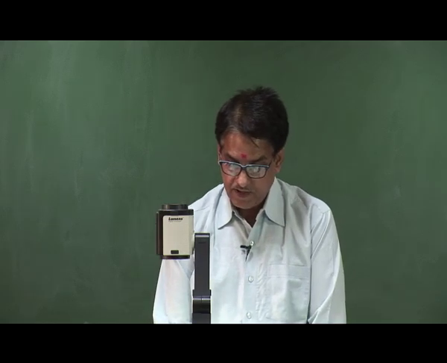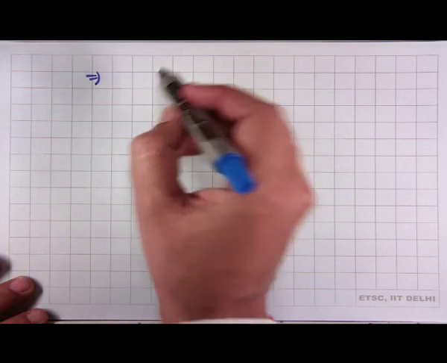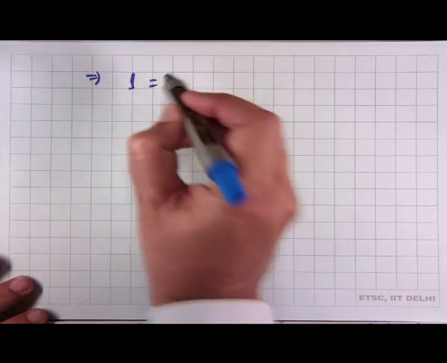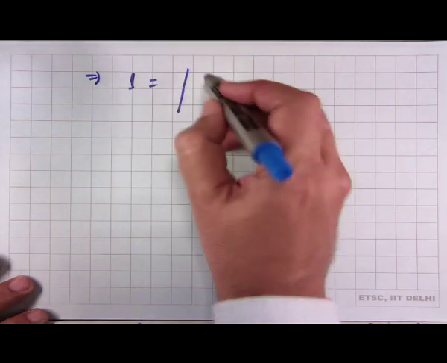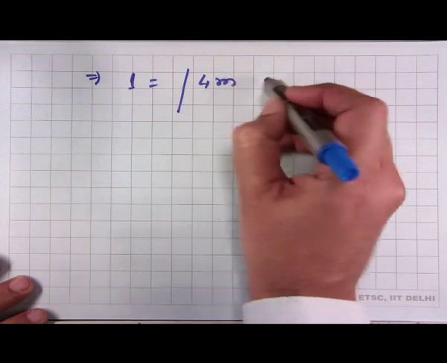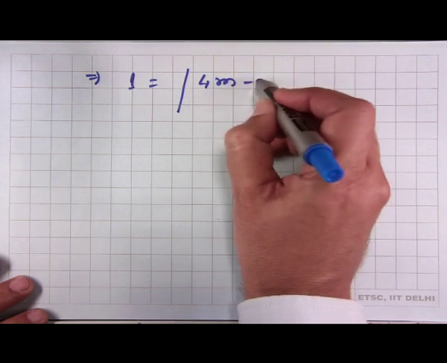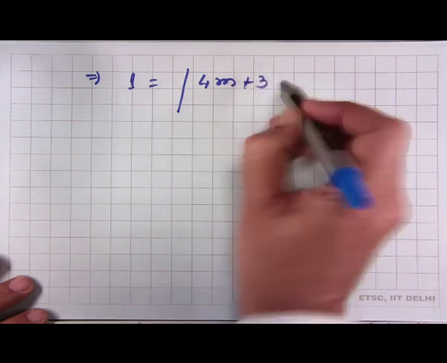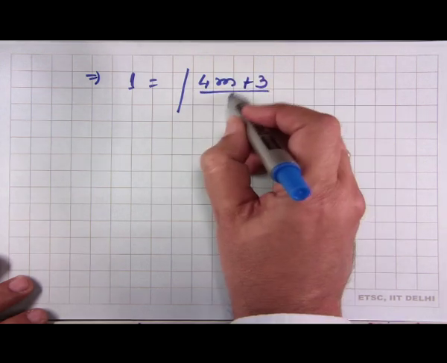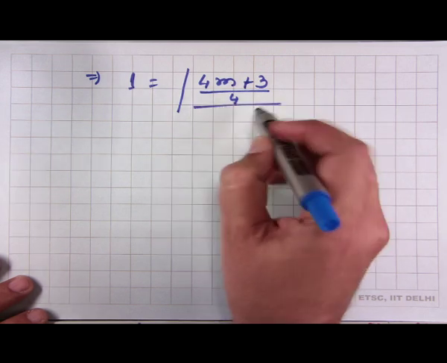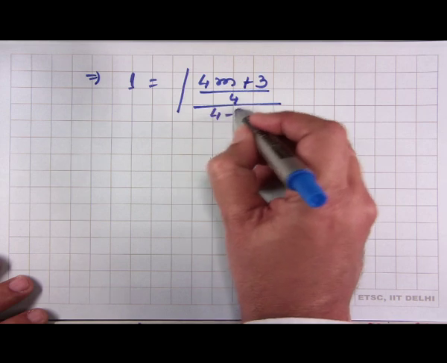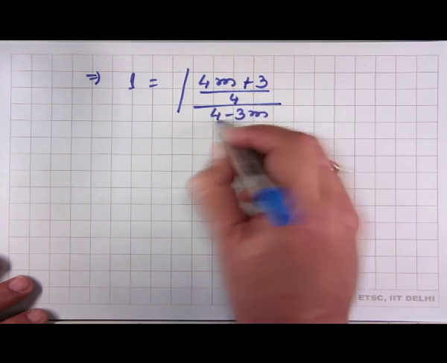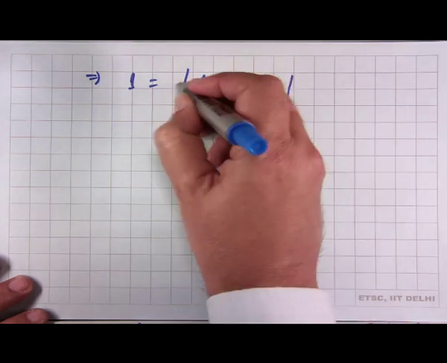So we can write it as 1 is equal to (4m plus 3) by 4 over (4 minus 3m) by 4.